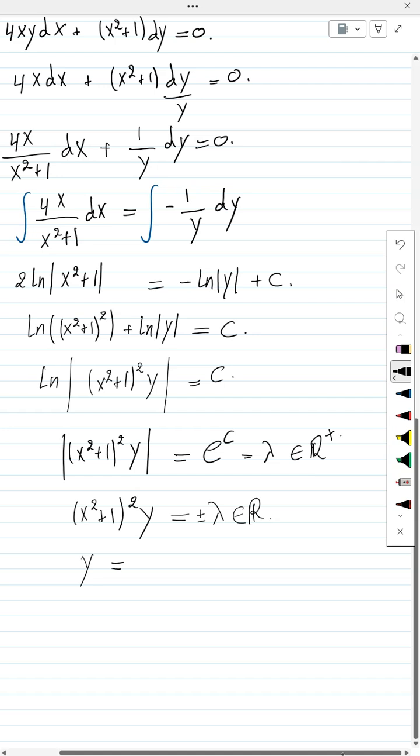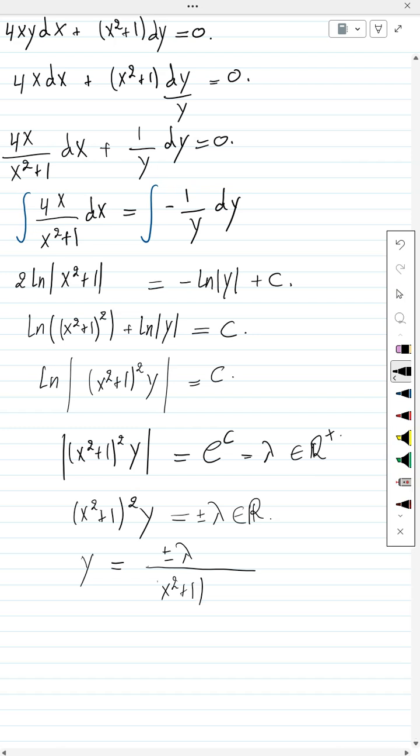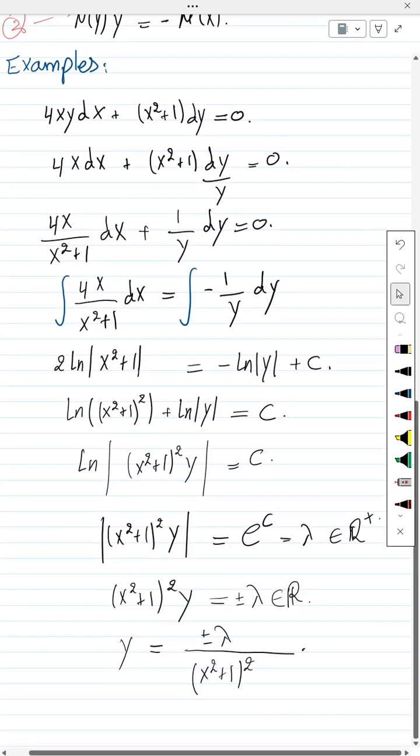So we will get that y is equal to lambda plus minus lambda, or we can just write it as another parameter, gamma or something, over (x squared plus 1) all squared. This is our solution for this differential equation.